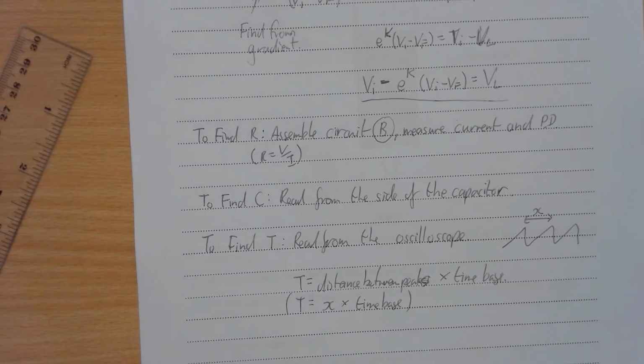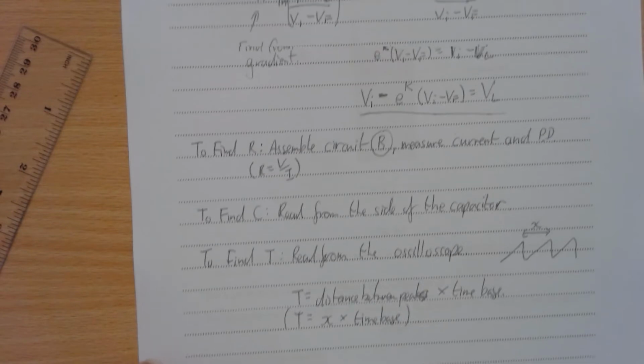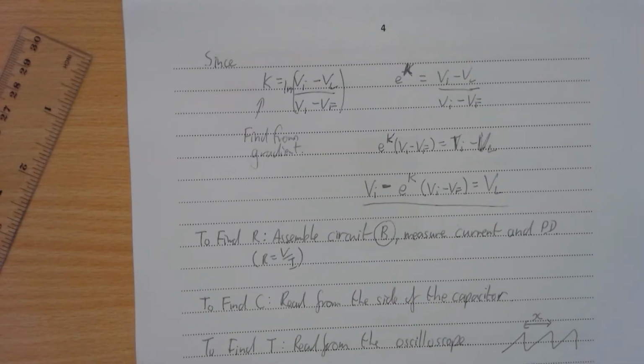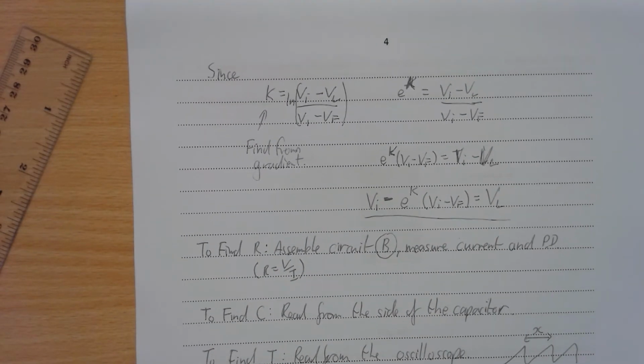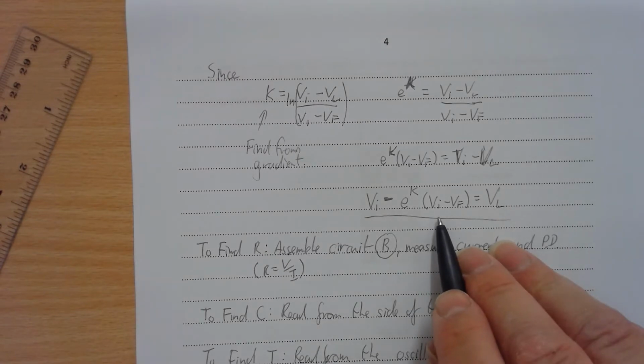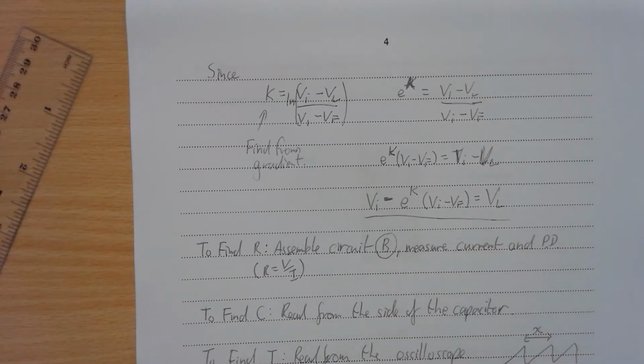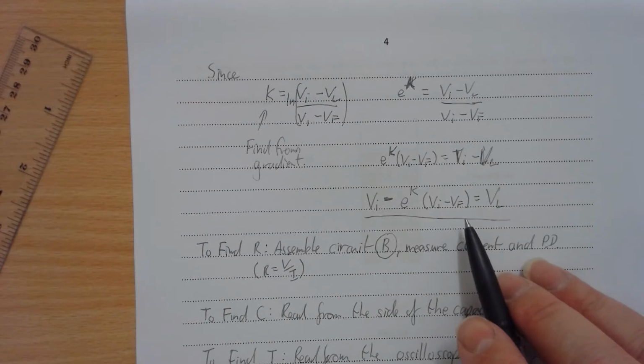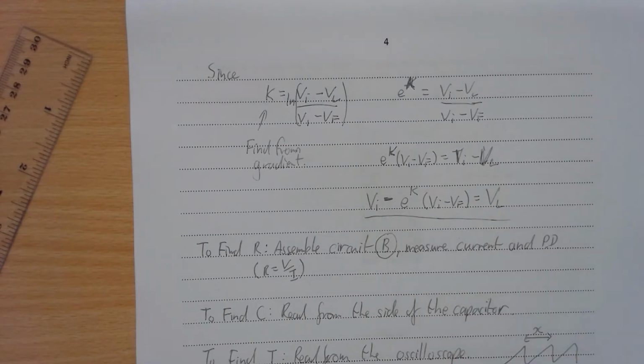Okay, so we found T. So what else do we need to know? We need to find VI, the input voltage. That's going to be the maximum value on the oscilloscope, and then it tells you what VF is. It tells you that VF is the potential difference required to make the lamp flash, and VL is a constant.